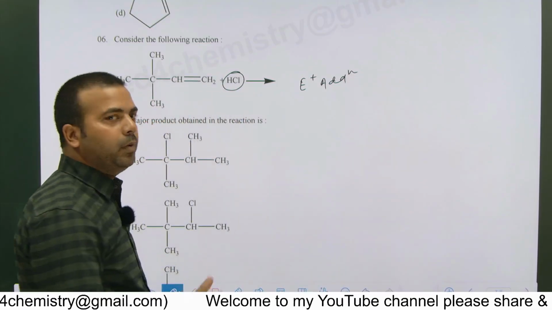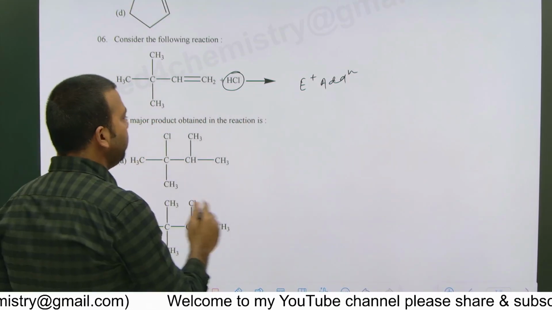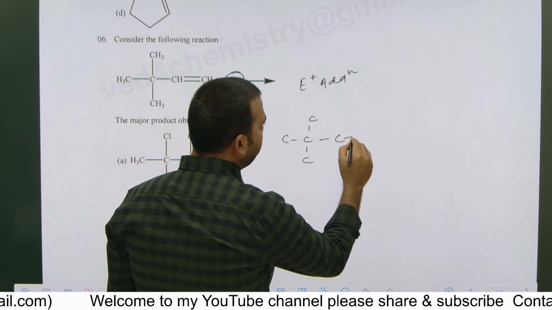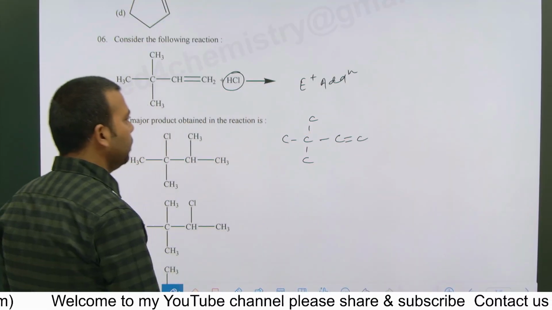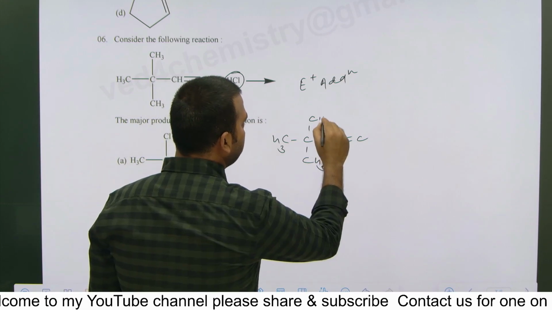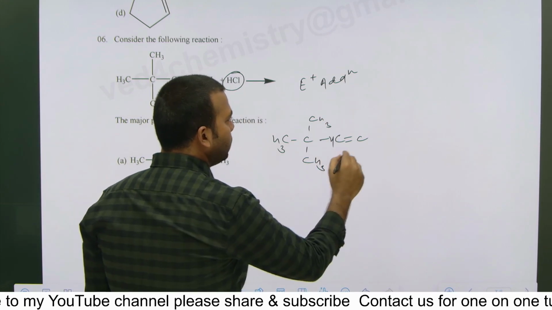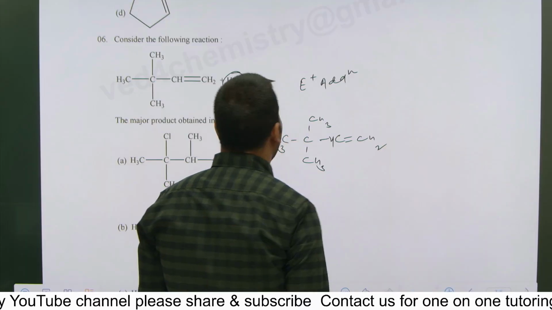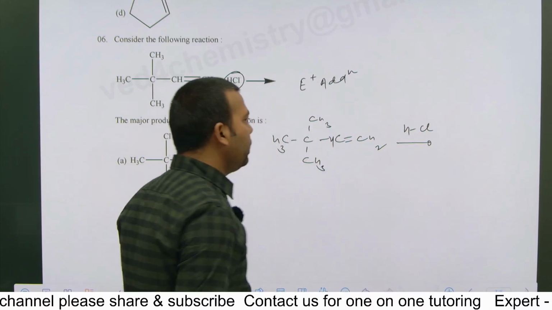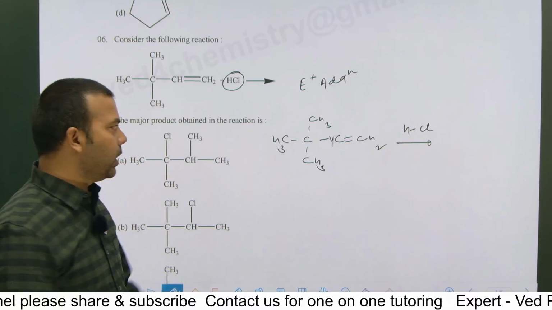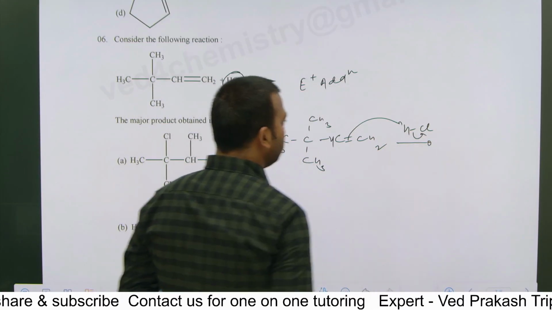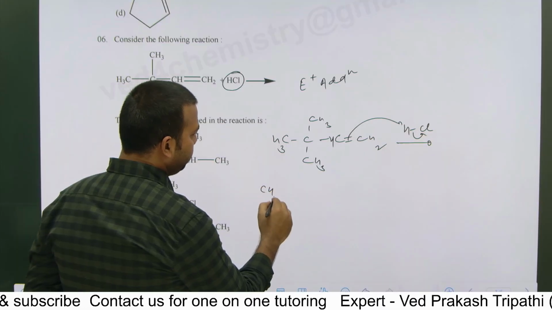If I explain the mechanism, you can see we have a tertiary carbon neighboring the double bond. So this one is CH3, CH3, CH3, CH double bond CH2, and it is treated with HCl. I will tell you the trick as well, but here the mechanism: the alkene first reacts with H, so we have this carbocation.